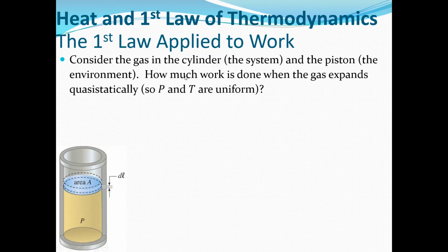So what we're going to do really quick is consider a gas in a canister. And we want to know how much work is being done when the gas expands quasi-statically. And we're going to assume that P and T are uniform.